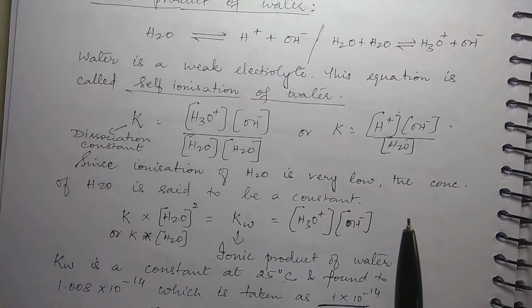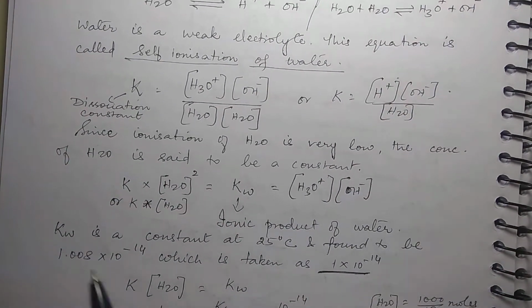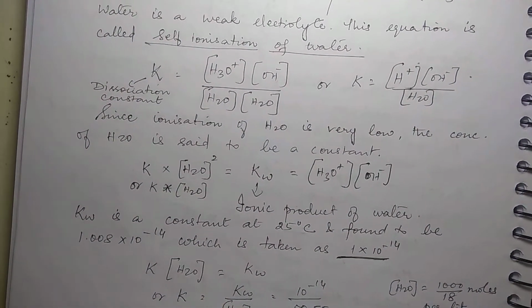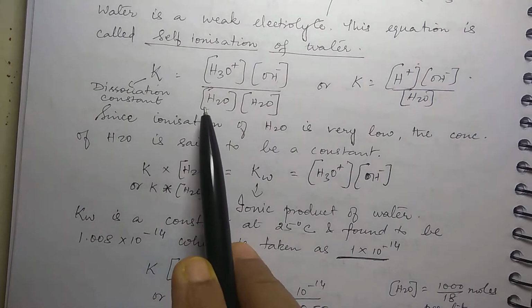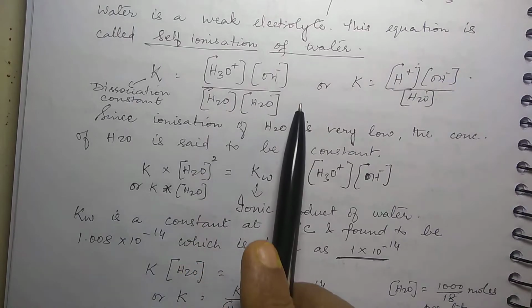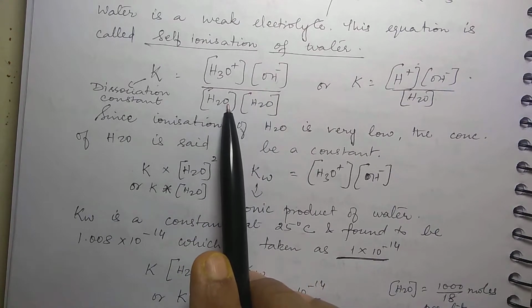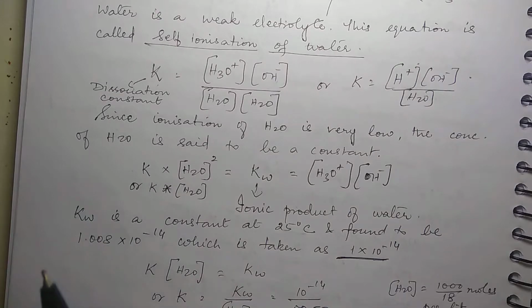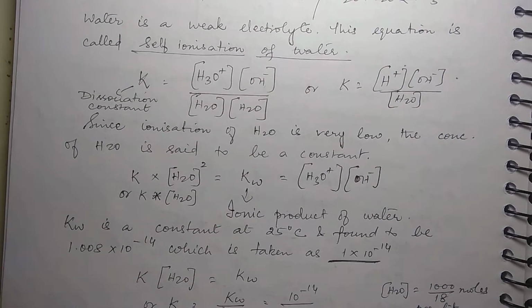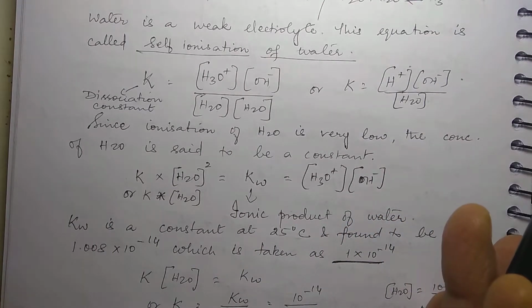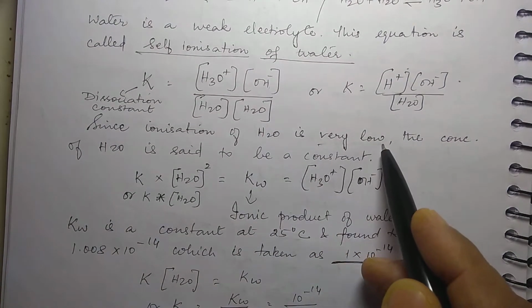Now, since ionization of water is very low, the concentration of water is said to be a constant. Whatever you are taking is going to exist as such. There is hardly any difference between the amount of water that you have taken and during the course of the reaction, because ionization is very, very low.